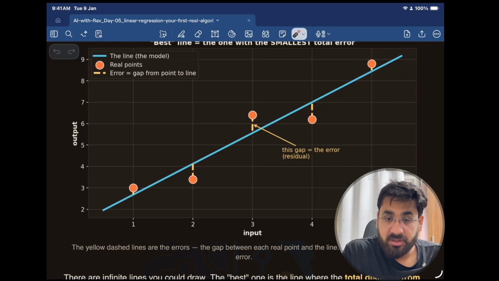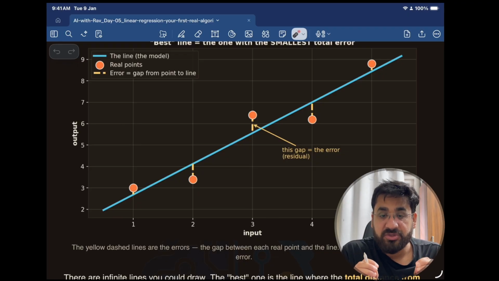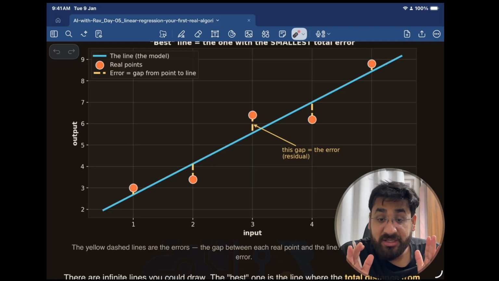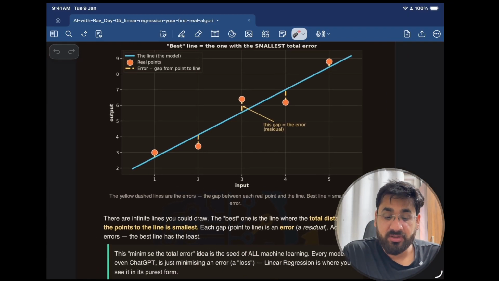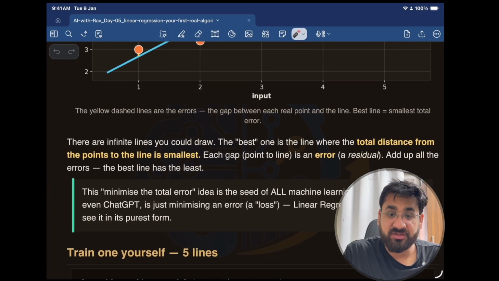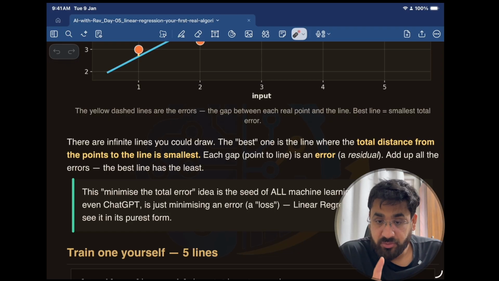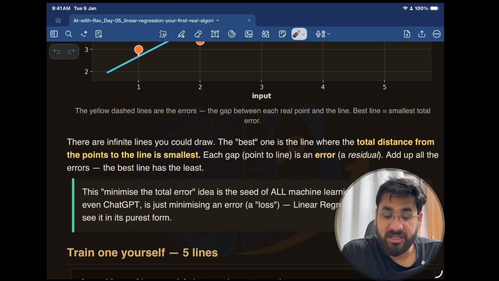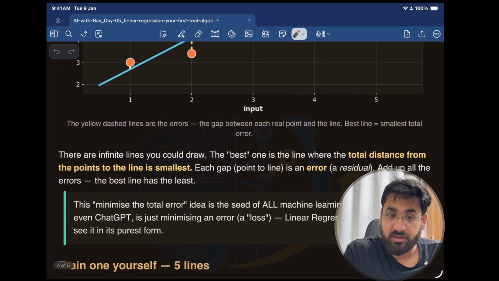The combination of all these small errors, error 1, error 2, error 3, error 4, is called the total error. And what is the objective of any model? To reduce that error as much as possible. This is what any model does. So you can see the statement, there are infinite lines you can draw, and it's true, you can draw infinite lines between these points, right?